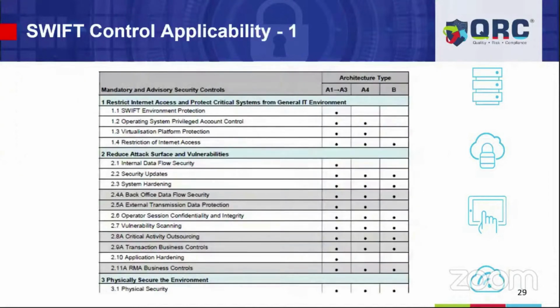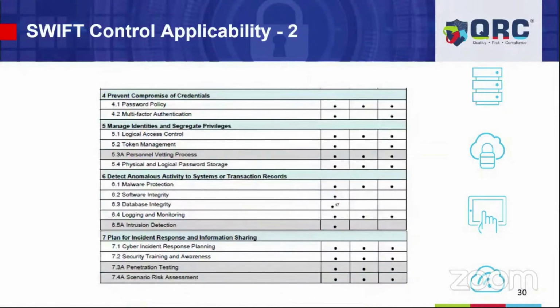Then here, the architecture types and the applicability are already shown. If you are A1 to A3 architecture, then what kind of controls are applicable here, and for the B types, what kind of controls are applicable. So this is the control applicability.